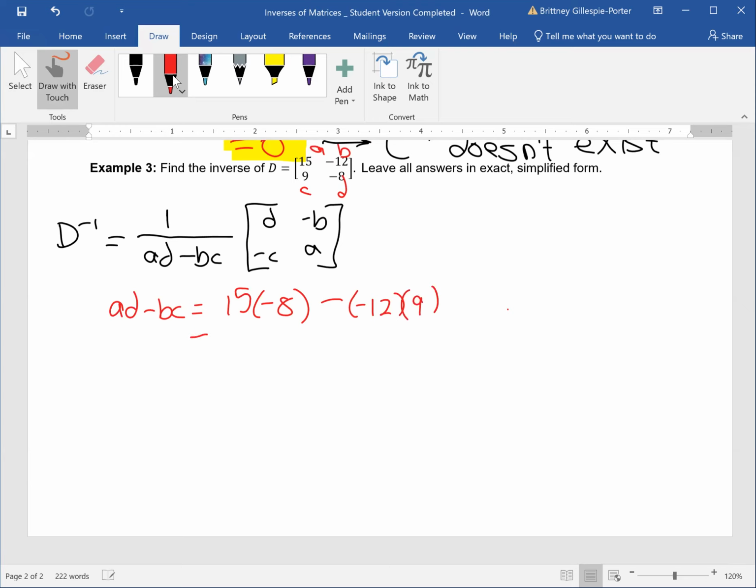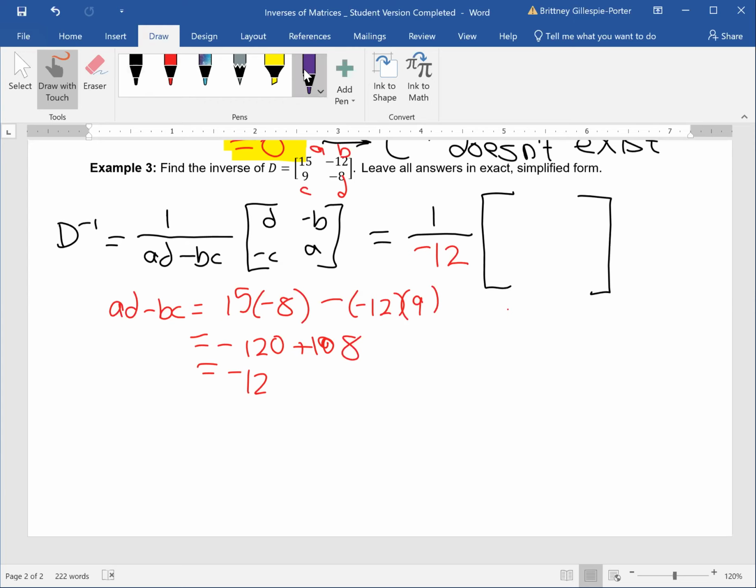The 15 times -8 gets you -120, and then the 9 times 12 gets you 108, which means that we get a -12 for AD minus BC. Okay, so that means that we are now looking at 1 all over -12 times our crazy matrix.